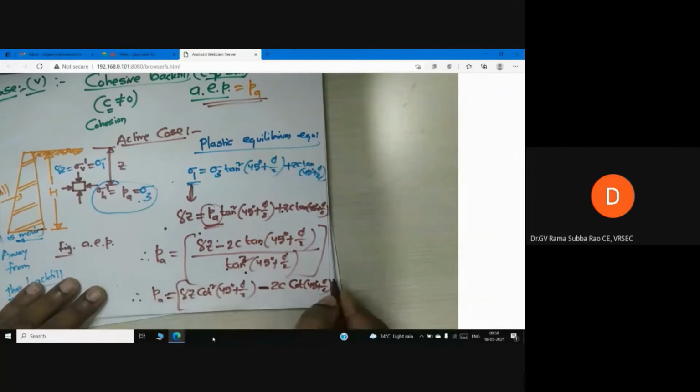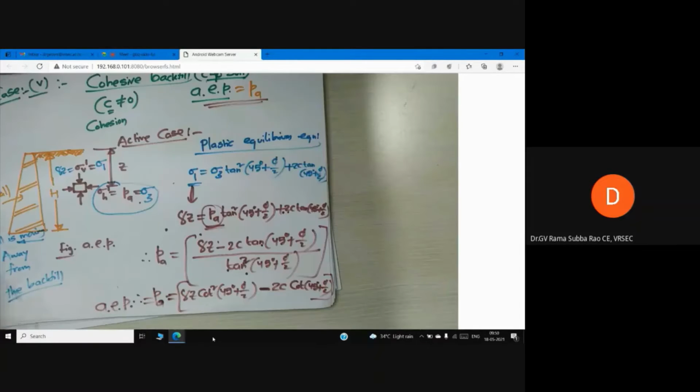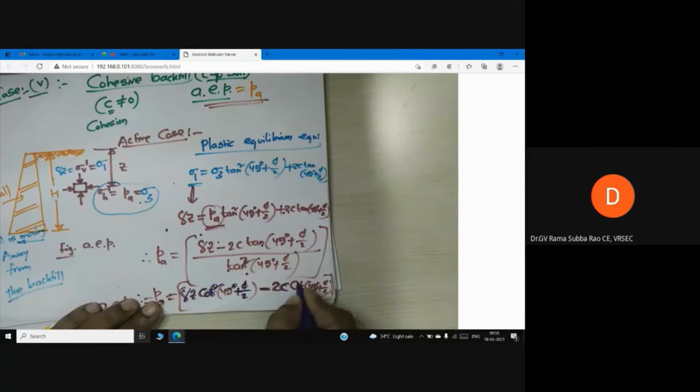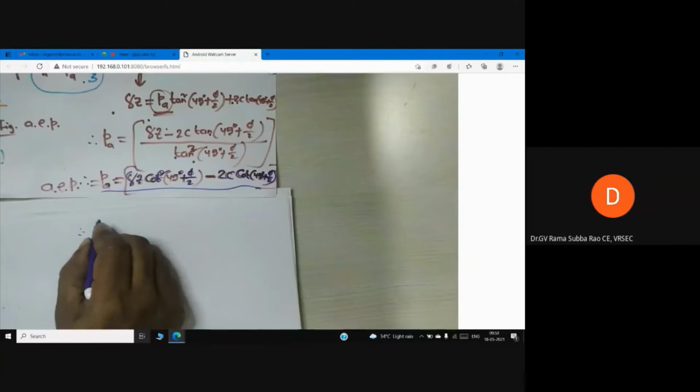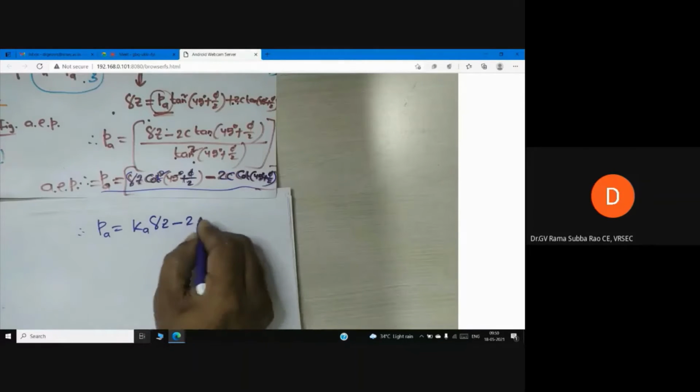Now you can see this is an equation for calculation of active earth pressure. Are you there now? So get ready now. This is the equation: gamma z cot square (45 plus phi/2) minus 2c cot (45 plus phi/2). PA is equal to Ka gamma z minus 2c root Ka.